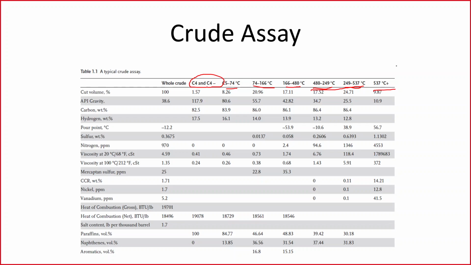Sorry, the residue. So if we see, for example, this light naphtha, out of 100%, light naphtha is about 8.26% volume, and the API gravity is 80, which makes sense, right? Because it's light. The more you go down, meaning the heavier you go, the smaller the API number.